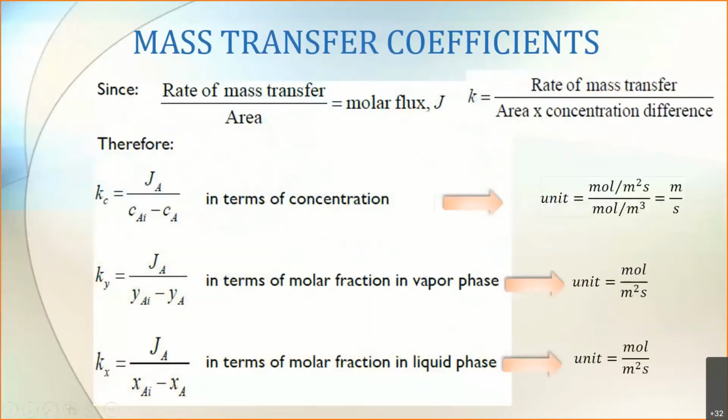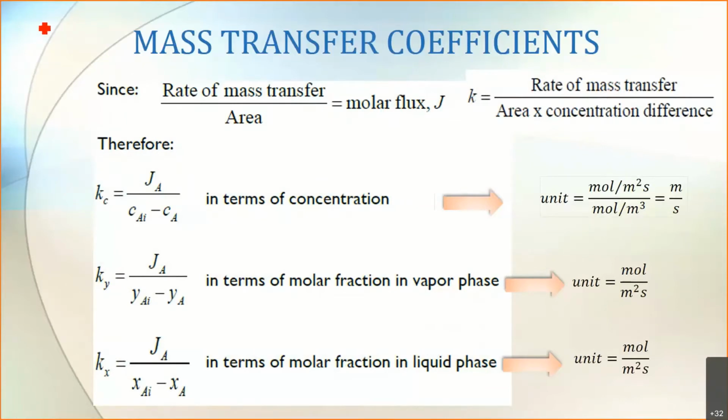this K value, if you see here, this is the definition of K. K is equal to rate of mass transfer over area times concentration difference. Now, since we know that our flux, our J here, can be defined as rate of mass transfer over area.